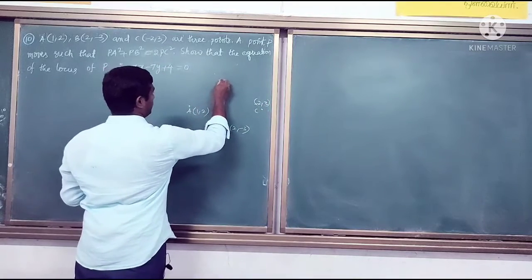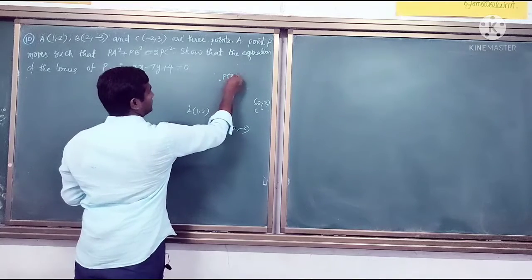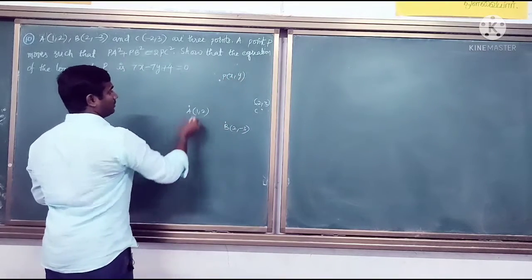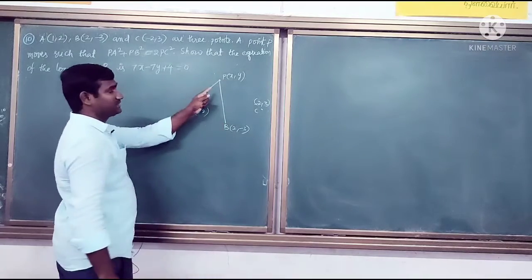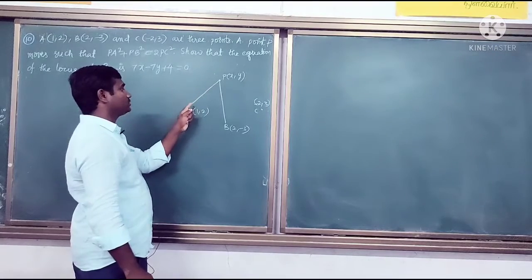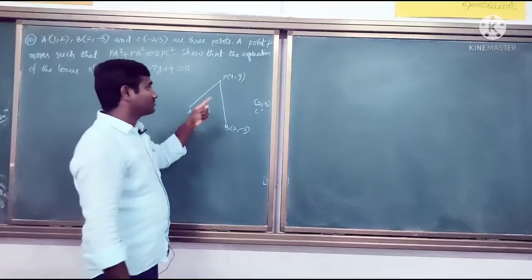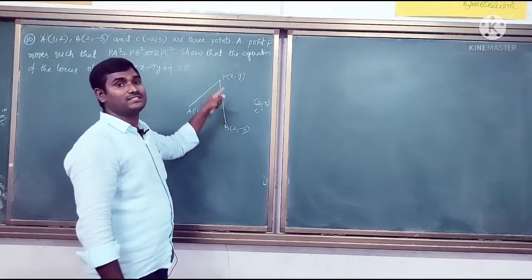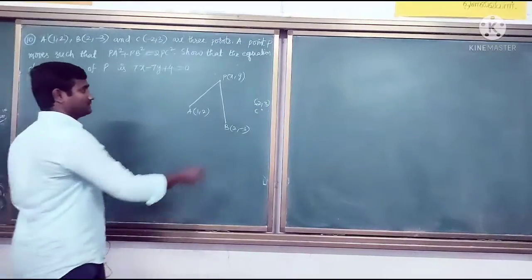Okay, so one point is there, that point P is the point on the locus, which is x comma y. So now PA square plus PB square, the sum of the squares of the distances from P to A and B, is equal to 2 times the square of the distance from P to C. This we can say in words like that.